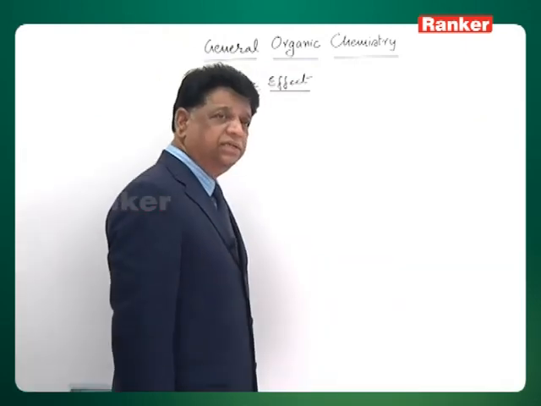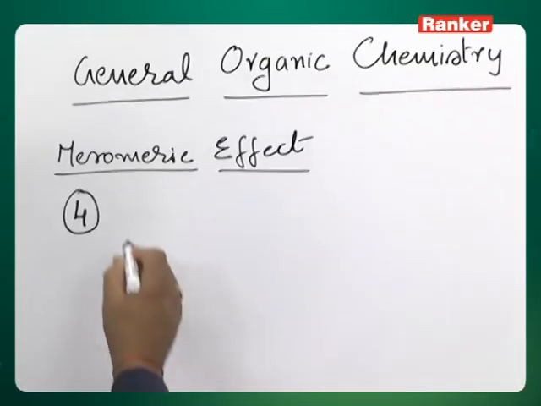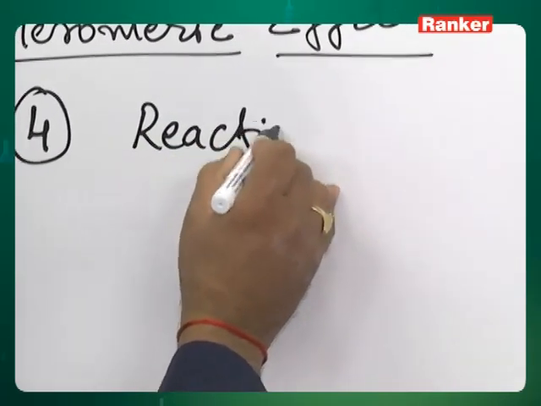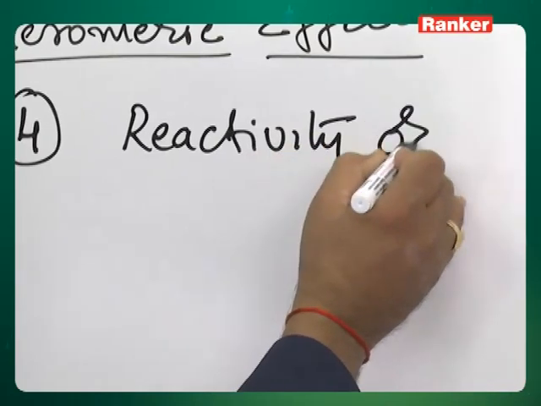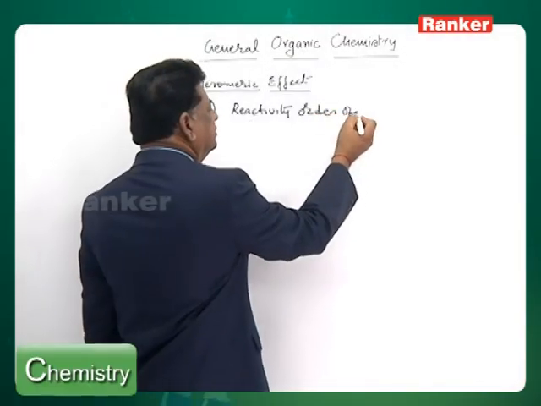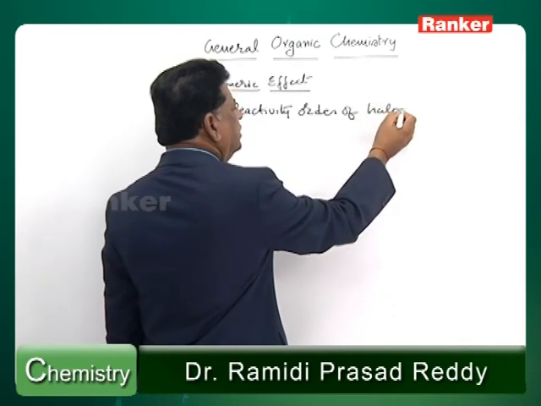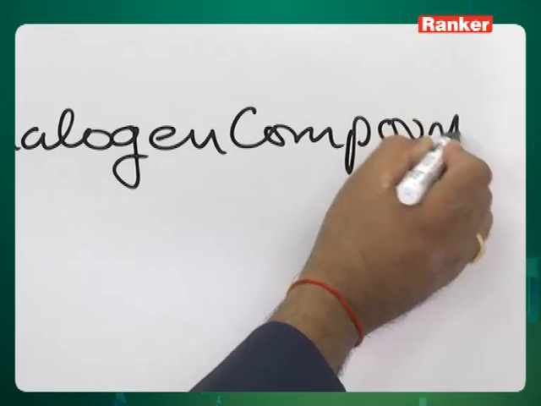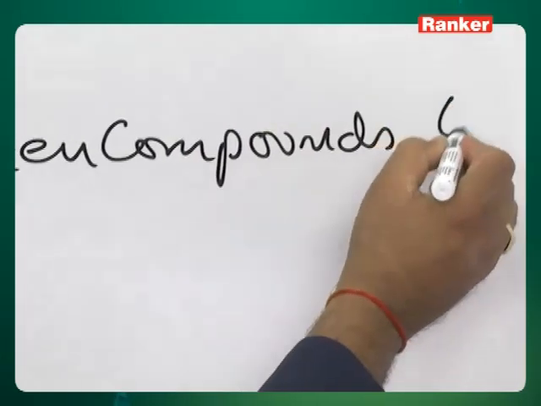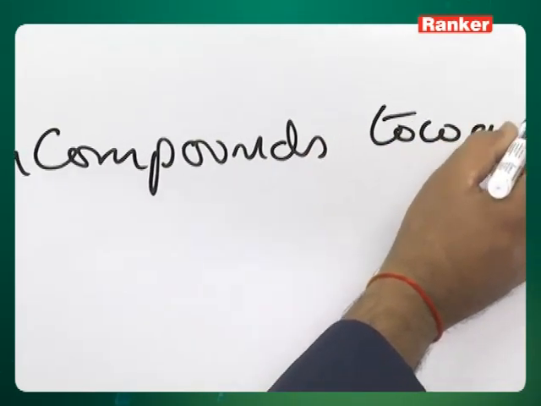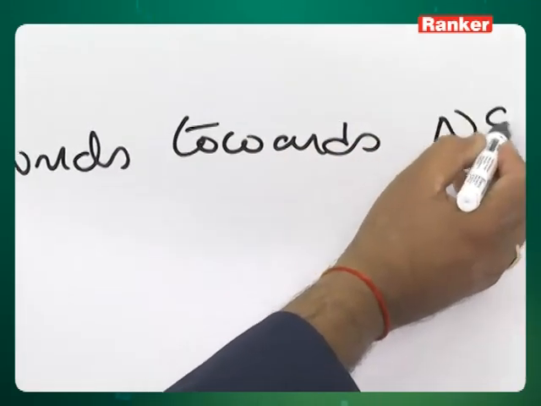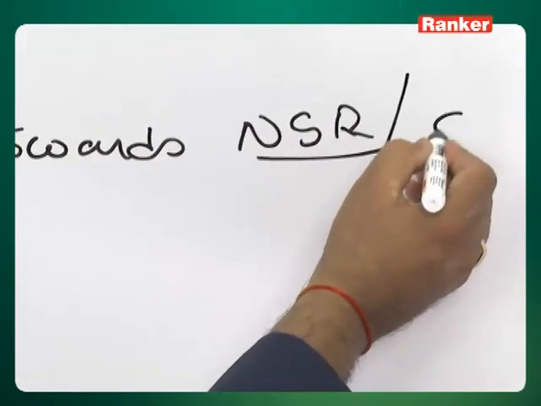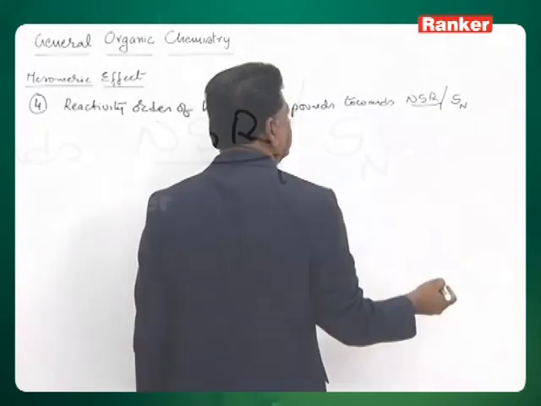Let us see some applications of this mesomeric effect. Reactivity order of halogen compounds towards a nucleophilic substitution reaction, or can be said substitution with nucleophilic.